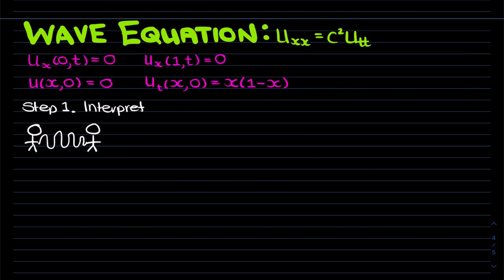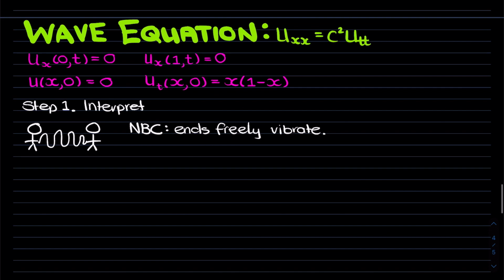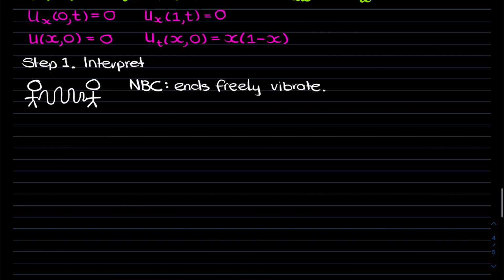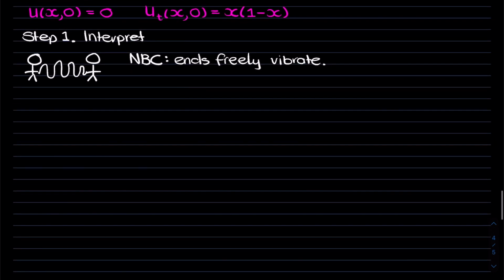So the Neumann boundary conditions just mean that the ends are allowed to freely vibrate. That's all the Neumann boundary conditions mean in this case. I'm going to move on because we've covered this several times in other videos.